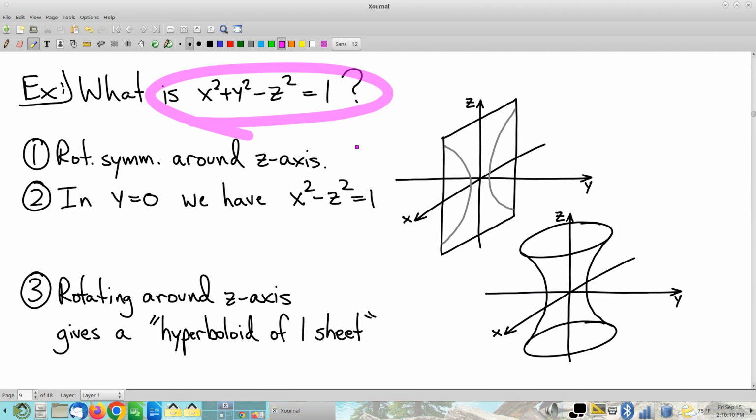By the way, this one's not a graph, so whatever intuition you may have gotten from the last example being a graph of something is not available here, right? Still though, equation. Still rotationally symmetric around the z-axis.